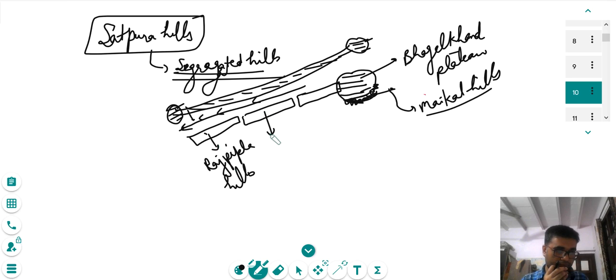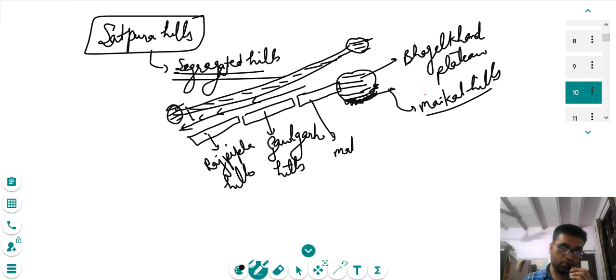This is Gavilgad, right? This is the Mahadev Hills.